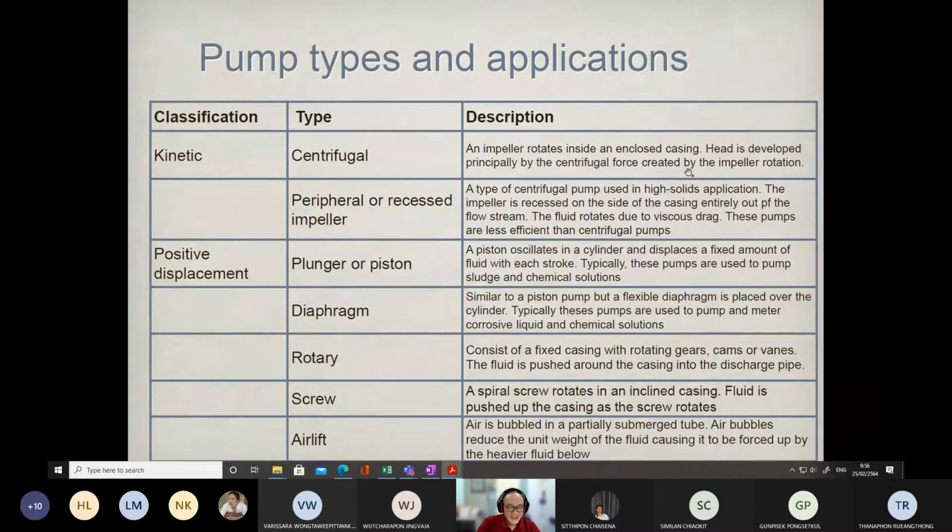But anyway, head and pressure are both related to each other. For the pressure, if we divide it by the specific weight gamma, P divided by gamma, this will be the head. I hope you can still remember the basics of fluids, which is fundamental knowledge.